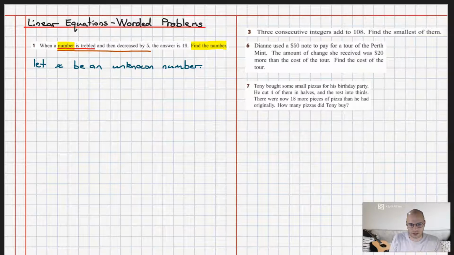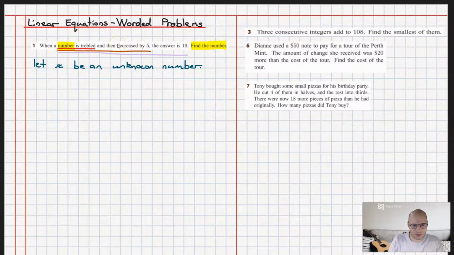The shorter line that's closer to the word denotes the first operation associated with our unknown variable x, and the longer line underneath is less associated with the unknown. So first we treble it, then we take 5 from it, and then finally it tells us the answer is 19. So I've decomposed the problem into a set of steps.